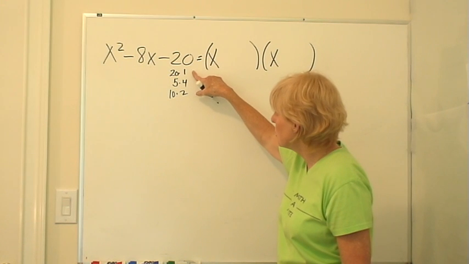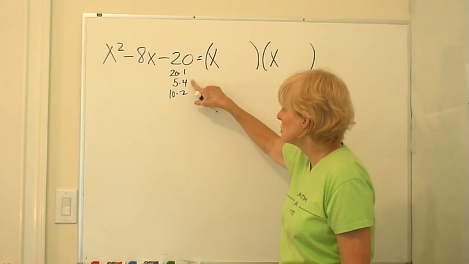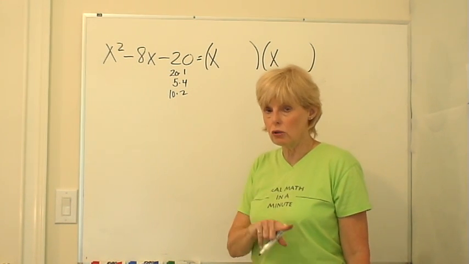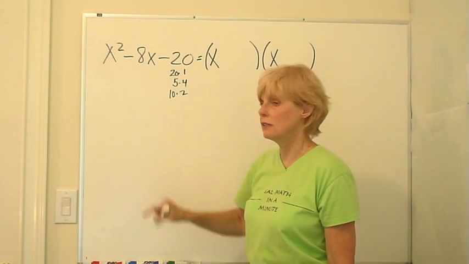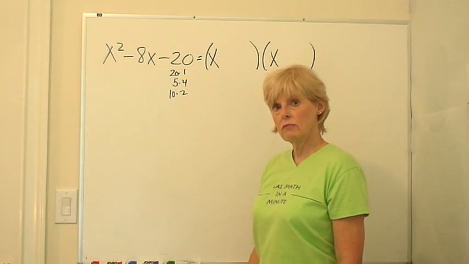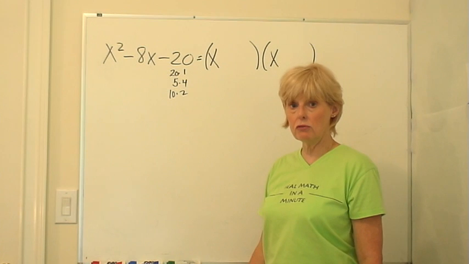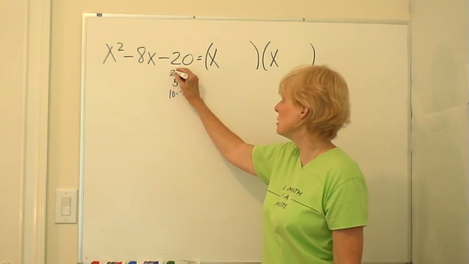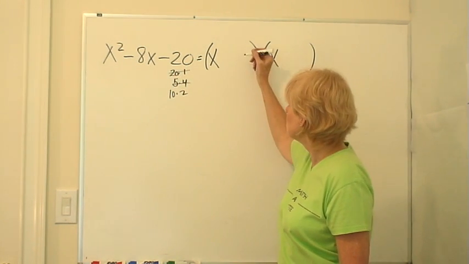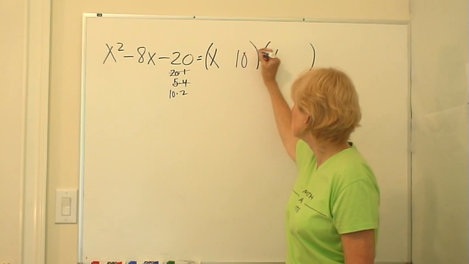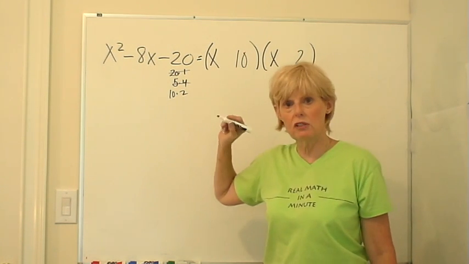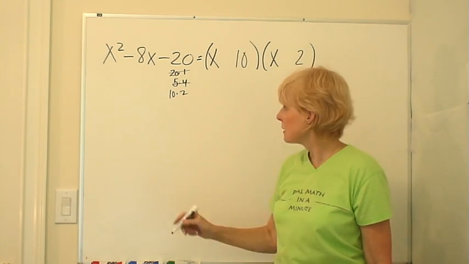All right, now which pair of numbers can I either add or subtract to get 8? And I bet you said 10 and 2, and of course you said 10 and 2 because you can't get an 8 out of the other two. So what goes here and here? 10 and 2. And again, it doesn't matter which one goes first. Right?